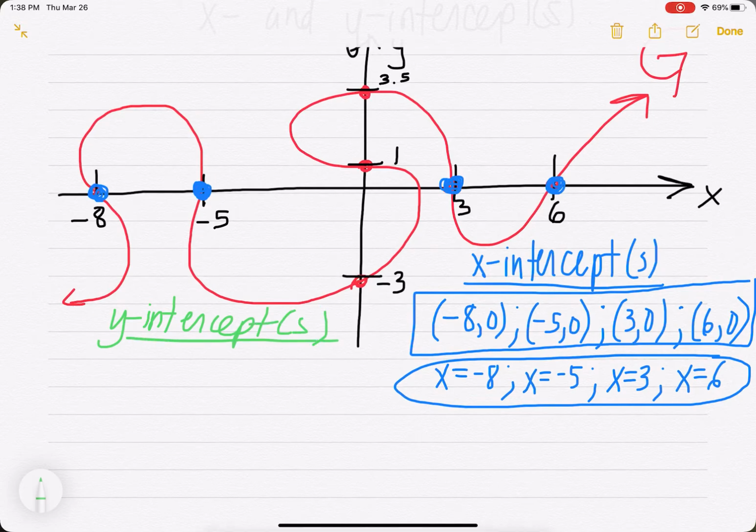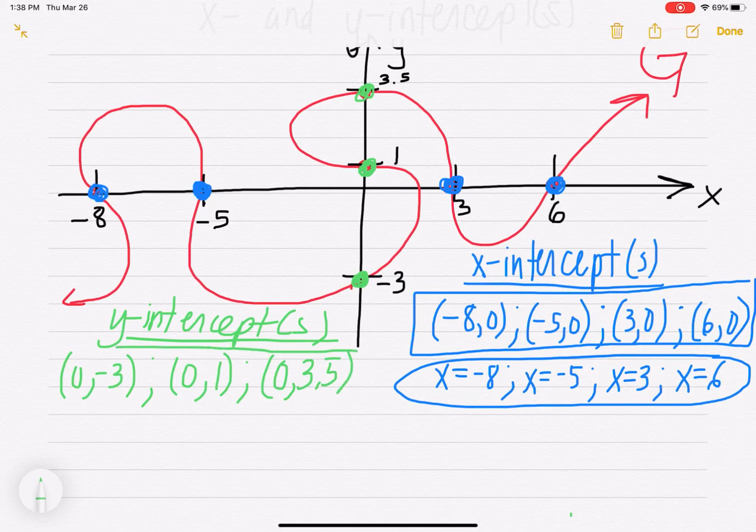Yeah, it hits here at -3, here at 1, and here at 3.5. So if you wanted to write this in ordered pair form, it would be 0, comma, -3; 0, comma, 1; and 0, comma, 3.5. Those would be our y-intercepts.